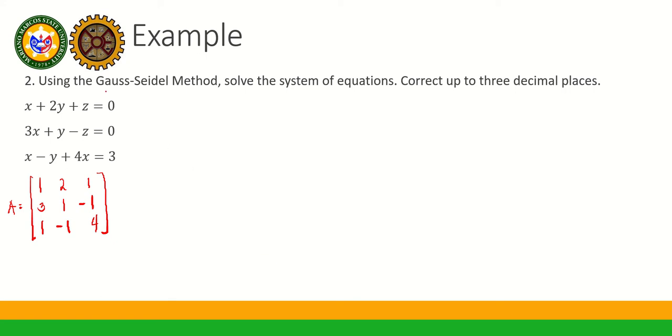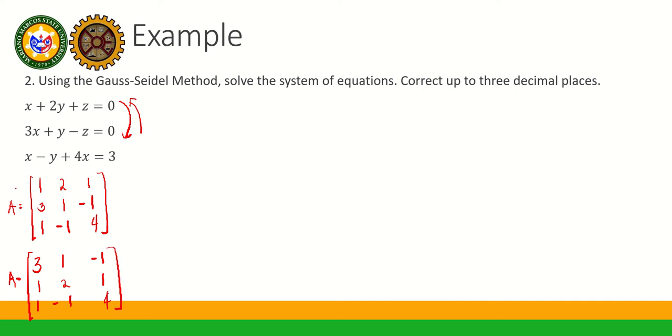So, what we should do is to interchange the first equation and our second equation. If we do that, our new augmented matrix will be, okay, so interchange only the first and second row. So this will be equal to 3, 1, -1, 1, 2, 1, and then 1, -1, 4.